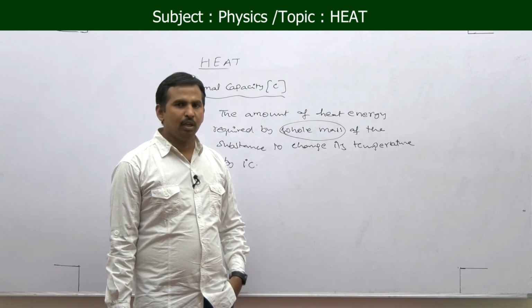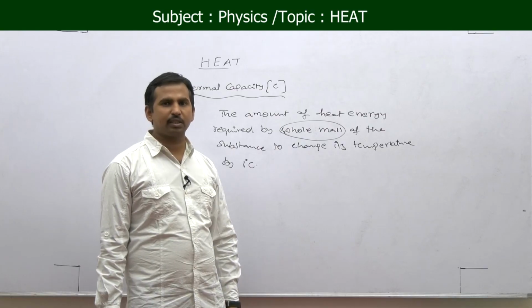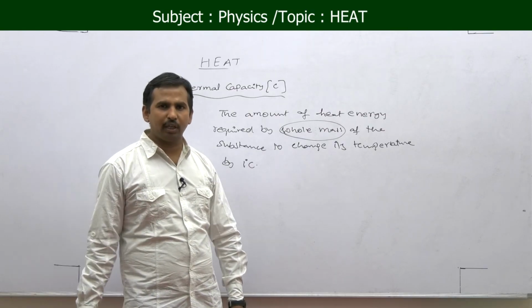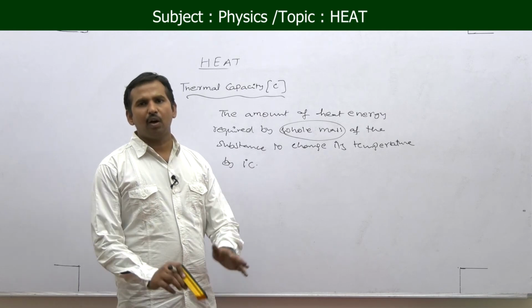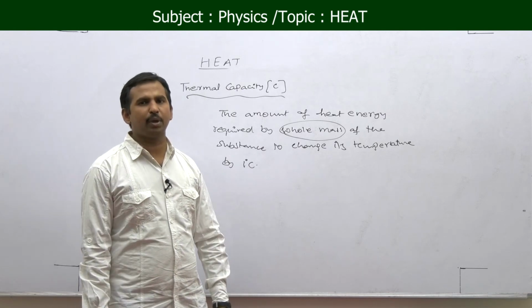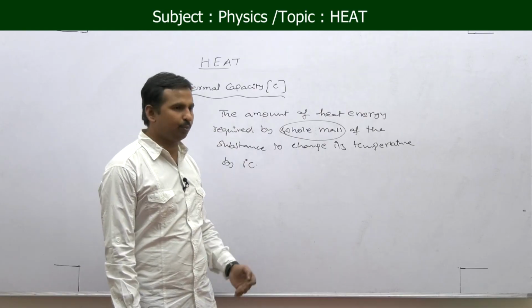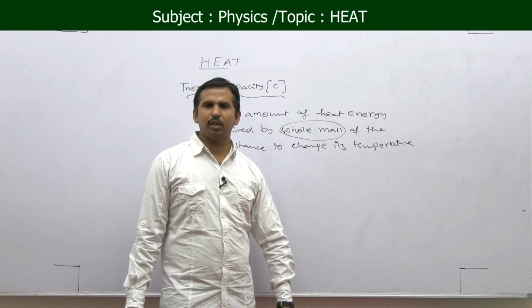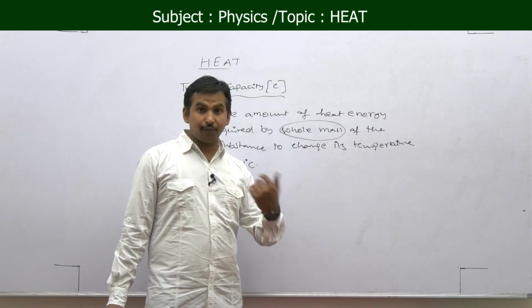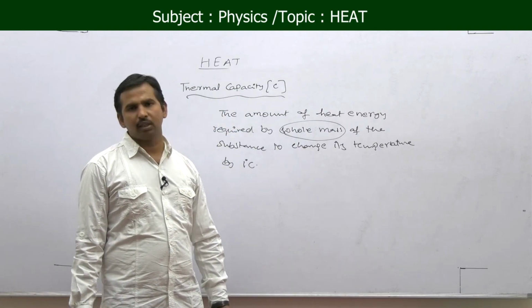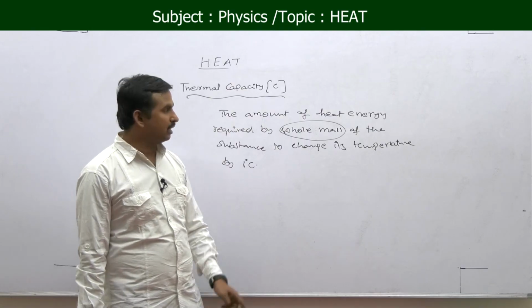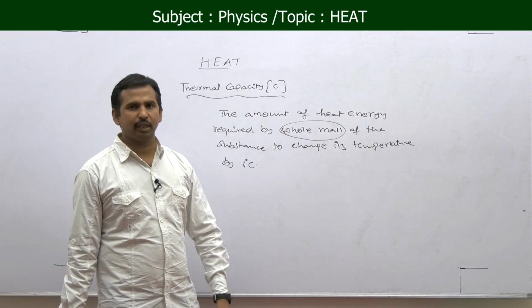Because we assume unit mass, for a given material, whatever the mass or volume you take, the specific heat capacity value remains the same. For example, if I take 1 liter of water, specific heat is 1 calorie per gram degree Celsius. If you take 2 liters of water, again the specific heat is 1 calorie per gram degree Celsius. But thermal capacity is not like that.